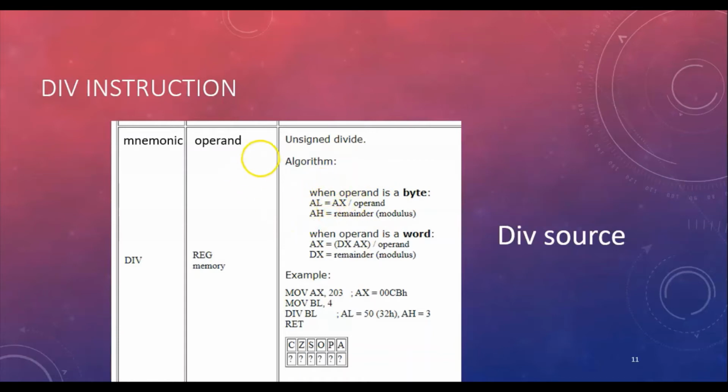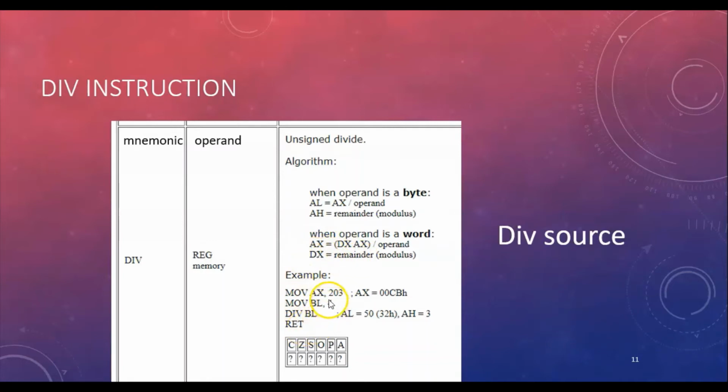The quotient is saved in AL and the remainder in AH. If our operand is word, we do the division of the 32-bit DX AX by the 16-bit operand. The quotient is in AX and the remainder in DX.